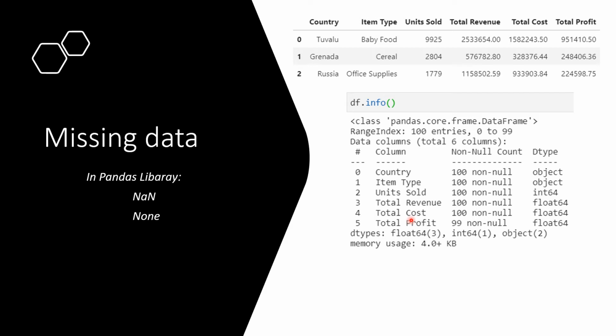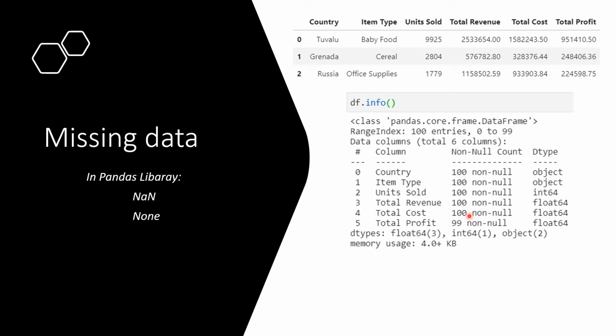Here you can see that in every column from 0 to 4, we have 100 non-null values. But in the total profit column, we have only 99 non-null values, which means that there is a None value in that column.